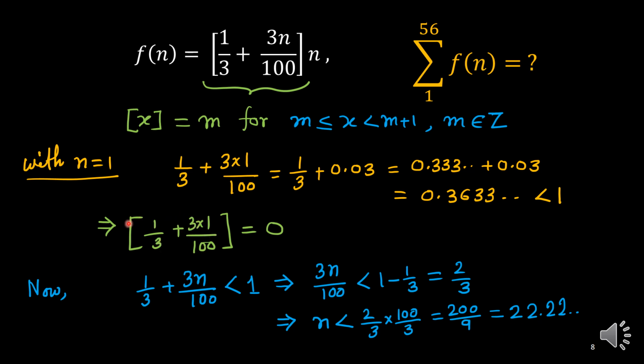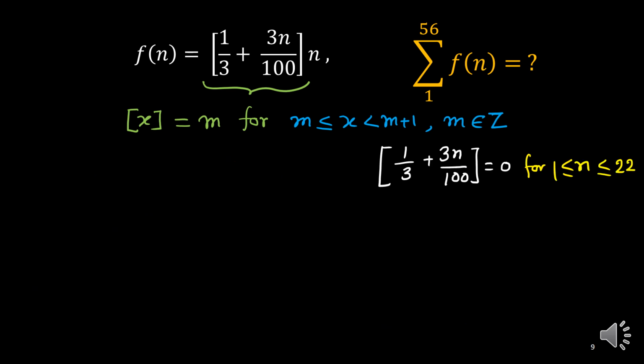Thus the greatest integer value will become 0. So we can say that the greatest integer value of 1/3 plus 3n upon 100 will be 0 for n equals 1 to 22. Now when n is more than 22, starting from 23, its value will be 1 or more than 1.